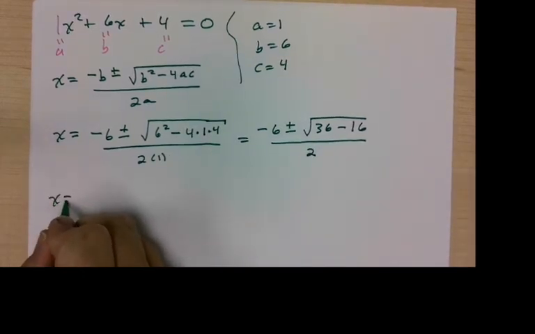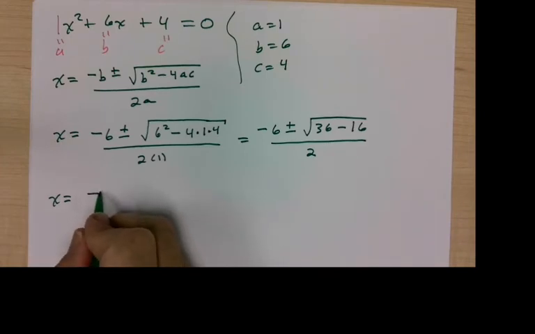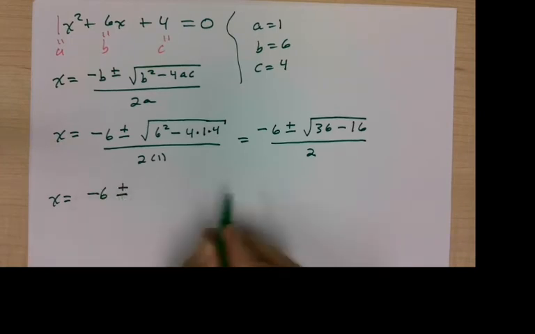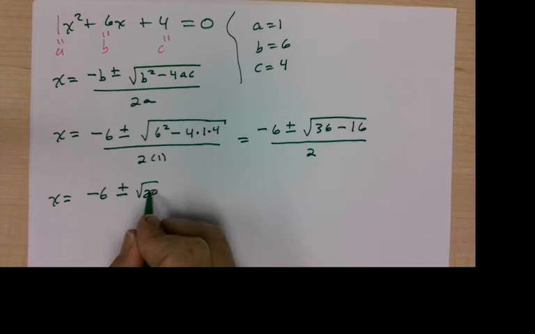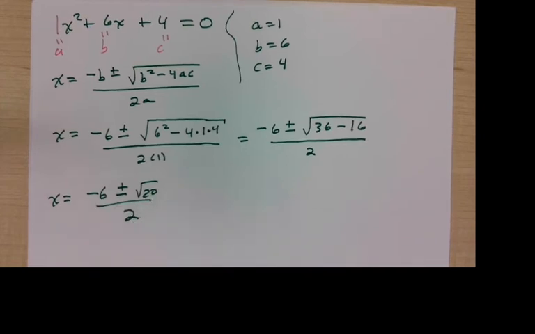So we get x is equal to negative 6 plus or minus the square root of 36 minus 16, root 20, over 2.